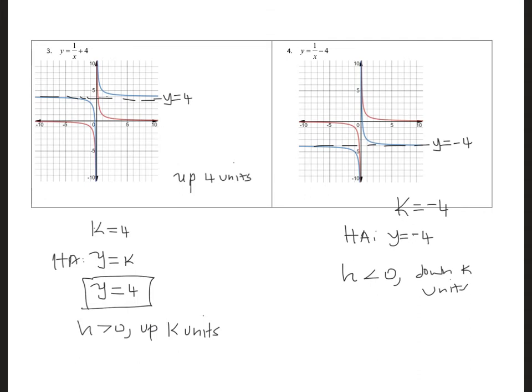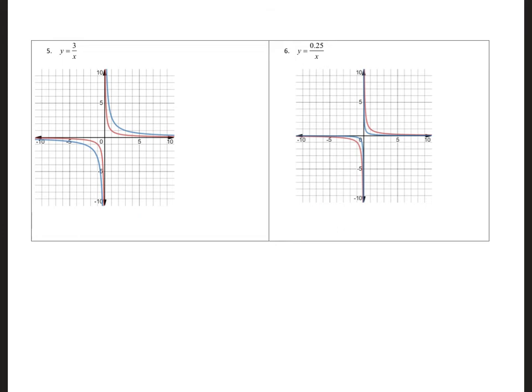Okay, let's do another example. Here we're going to look at the effect of a, and I'm thinking of y equals a over x. What happens when a is not 1? If a is greater than 1, you can see here a is 3, and the graph is stretched vertically.